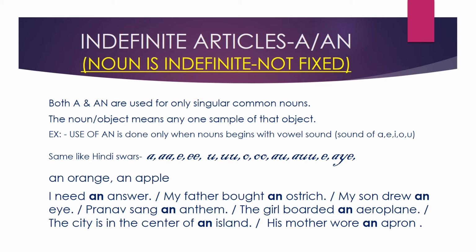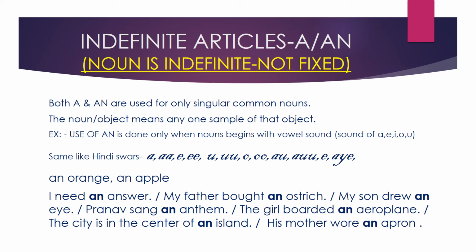That is why I have given you examples similar to the examples done on the previous slide. I need an answer. So an, because answer begins with a. My father bought an ostrich. O, so an ostrich. My son drew an eye. A, so an eye.